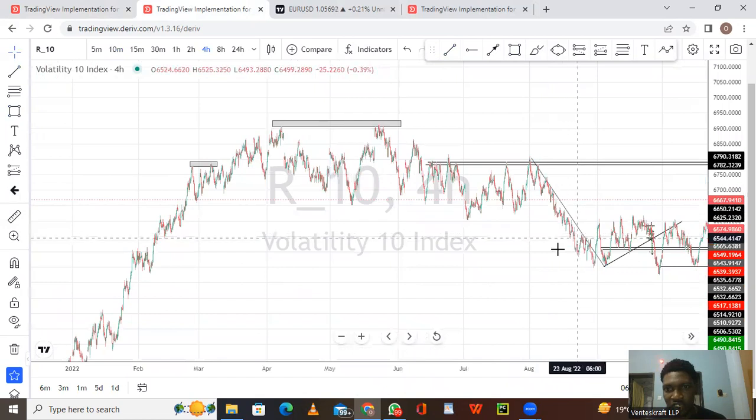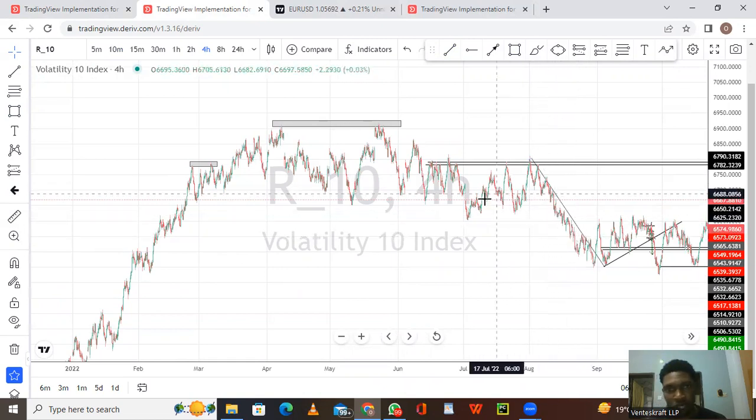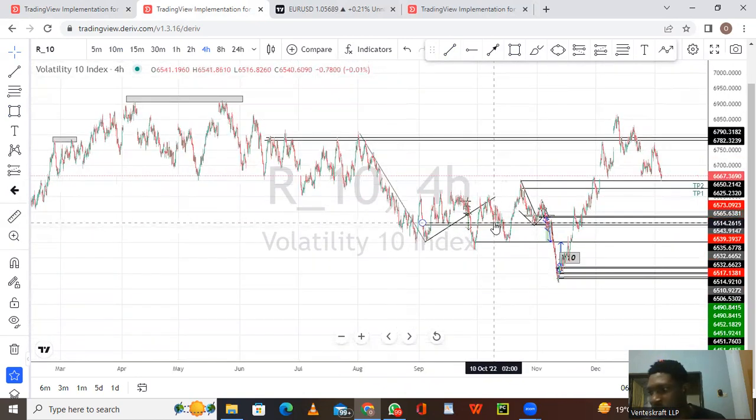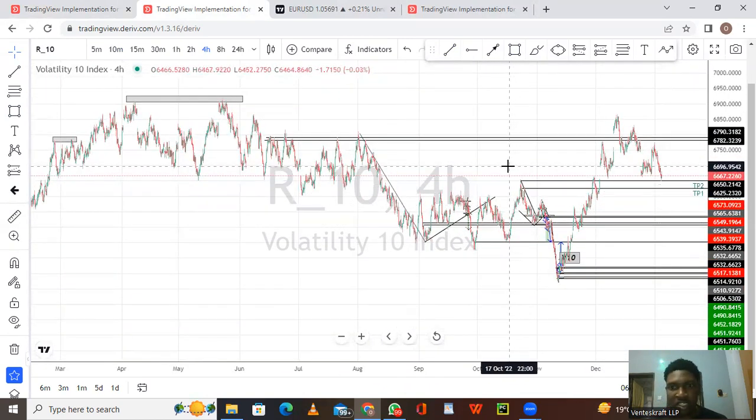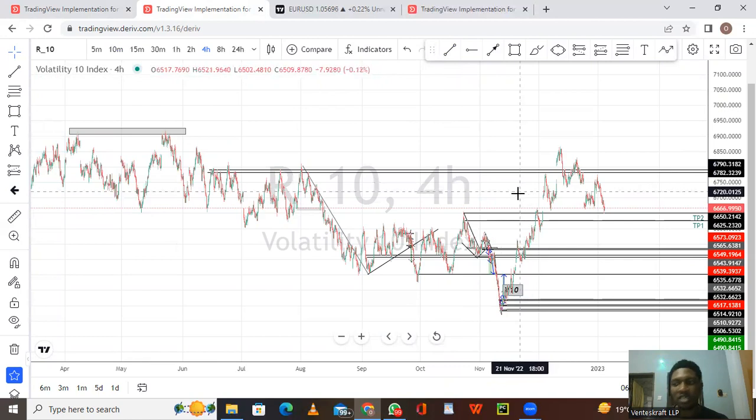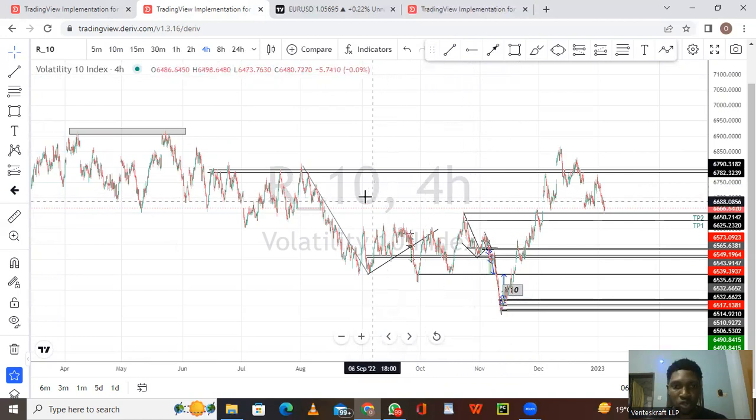Okay, this is a trend line. I believe you can also spot this trend line on the 1 hour time frame. So that is why it is important for you to understand the fractal nature of price and structure.